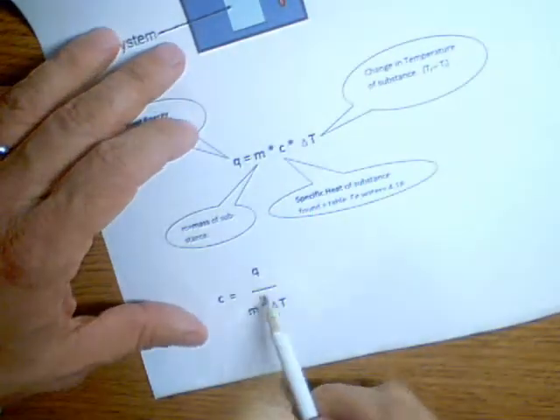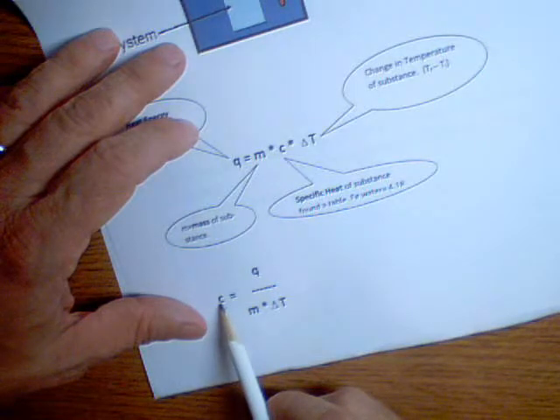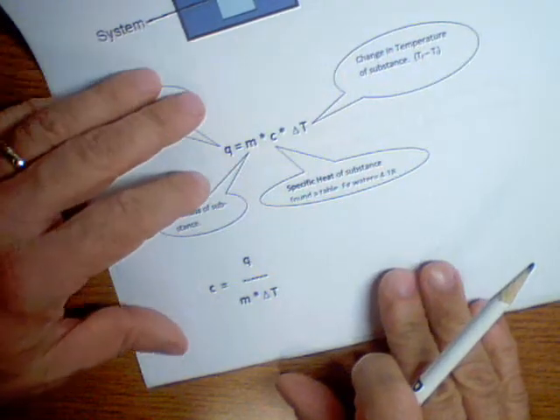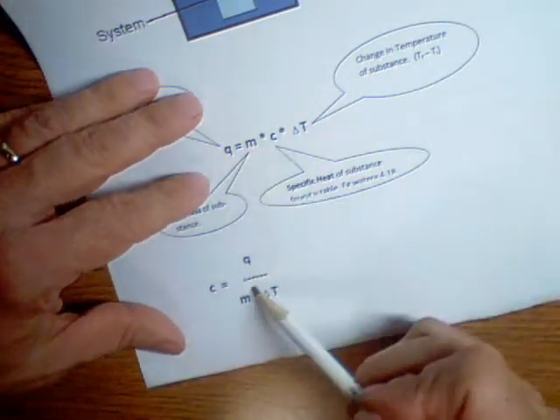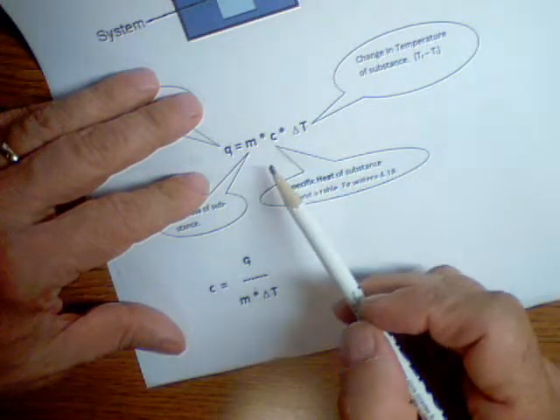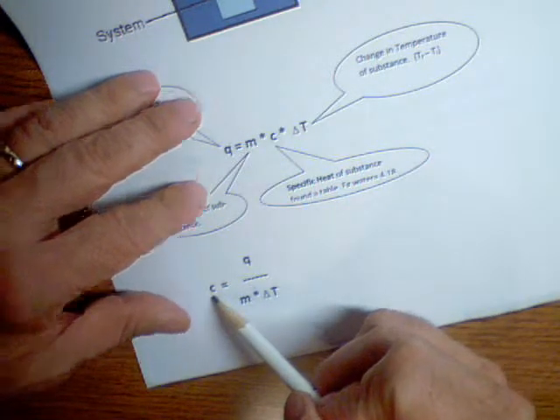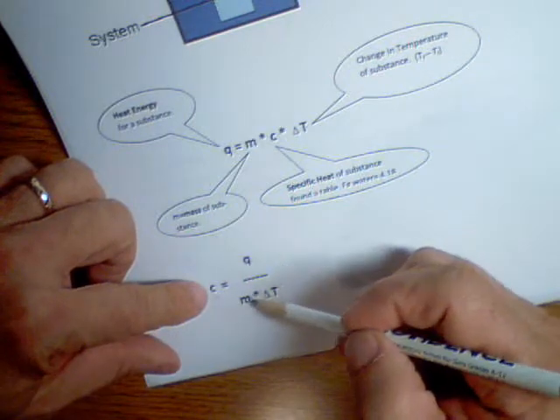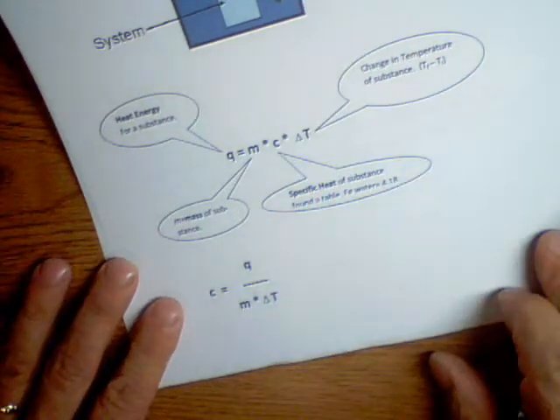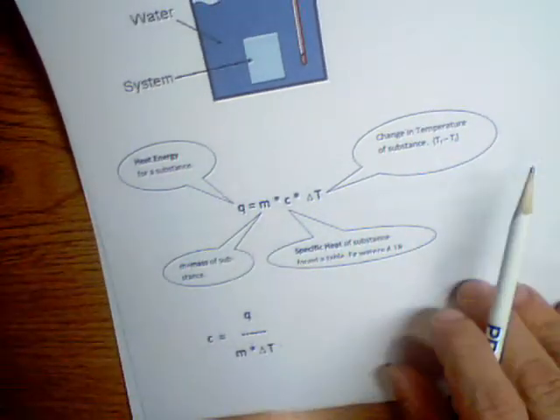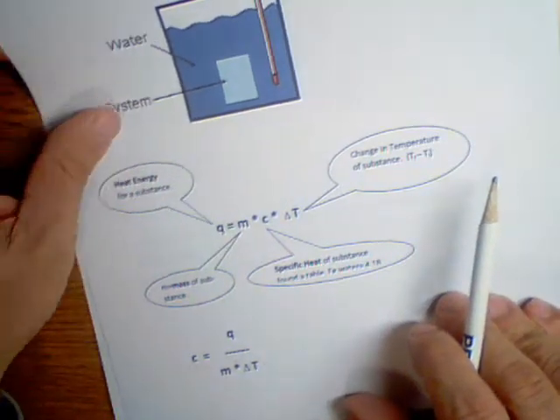So you know everything except for C of that metal. And so you could put it into this equation. All I did was rearrange it. As you could see, I've isolated specific heat. So we take the heat energy divided by the mass times the change in temperature. So these are the two equations that you'll need to use here in chapter 12, studying calorimetry.